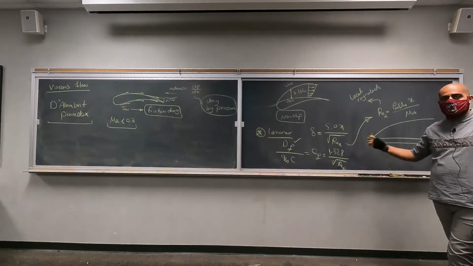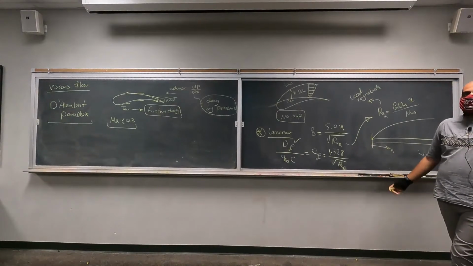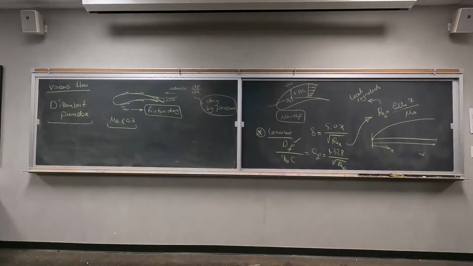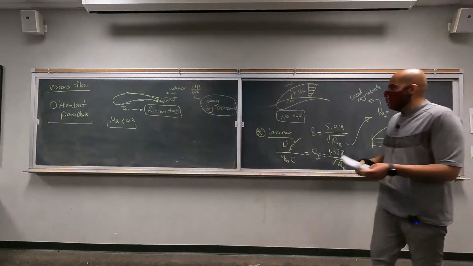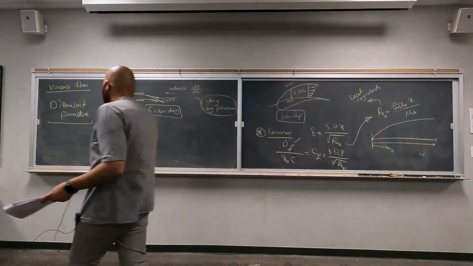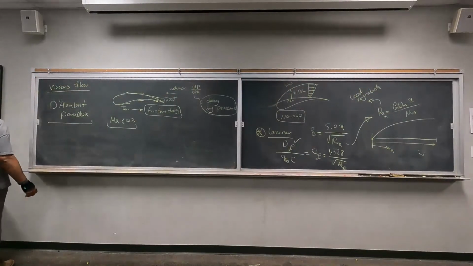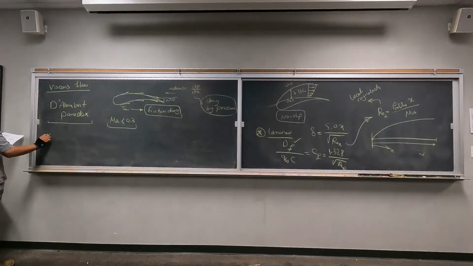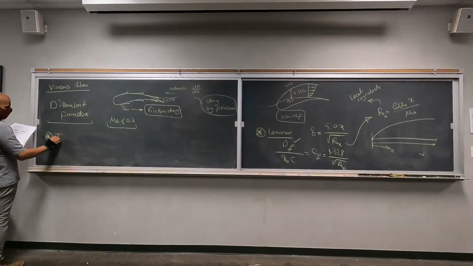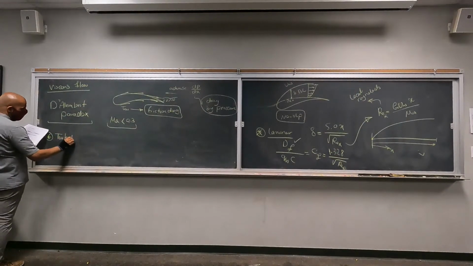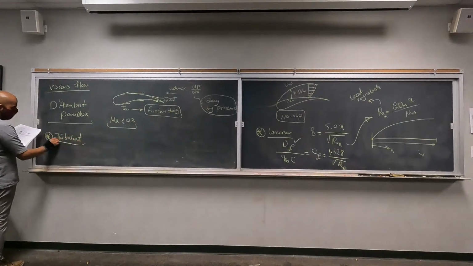Can we use these formulas? Obviously, no, because these formulas are derived for laminar flow, which means that we have to have another set of formulas for turbulent flow. Okay.